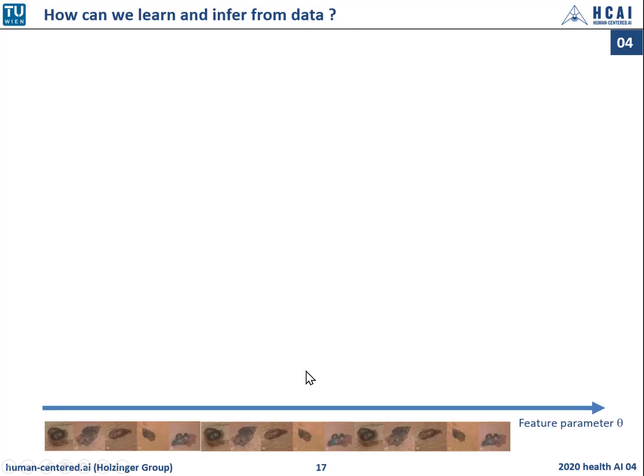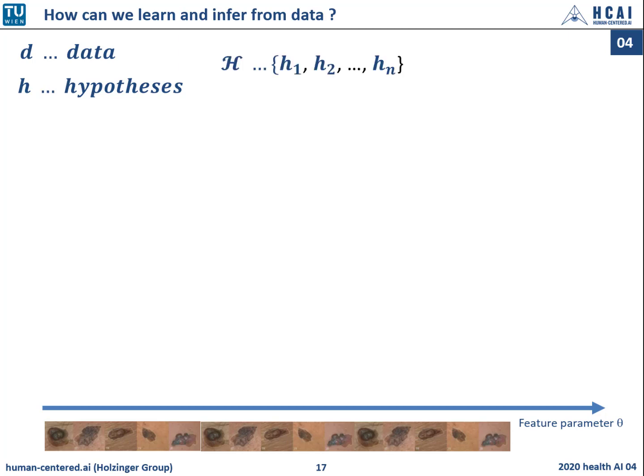Okay, so how can we learn and infer from data? Remember please how Bayes, Price, Laplace can help here. We have data, of course, and we have hypotheses. And remember that there can be a lot of hypotheses. So the large H here is the hypothesis space. This can be huge.